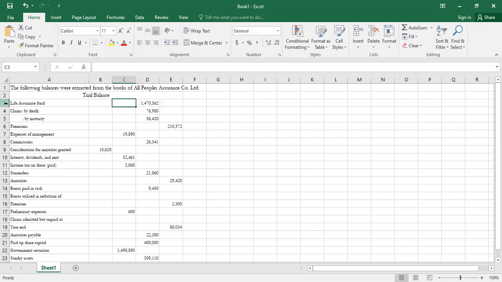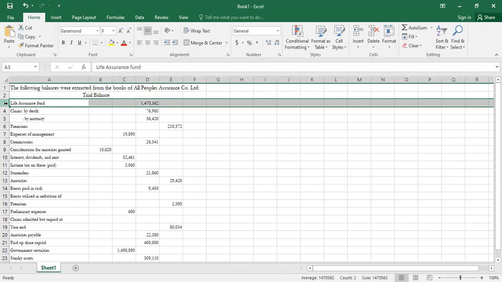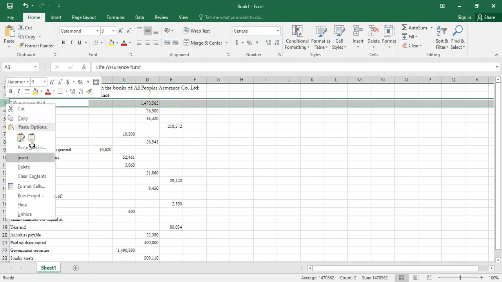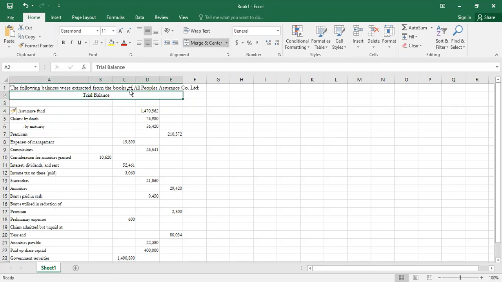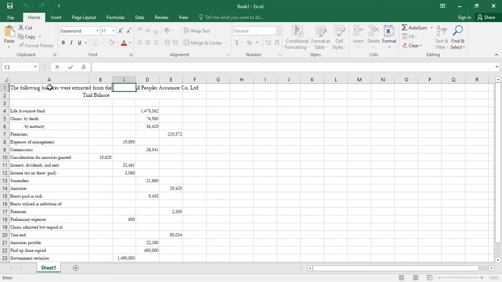The heading is supposed to have 3 lines. Of course, this is All People's.